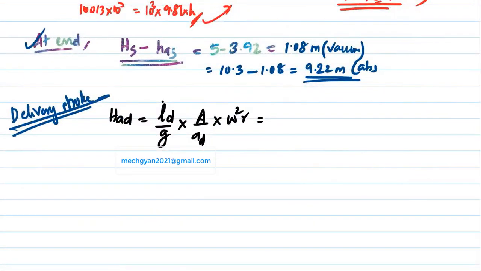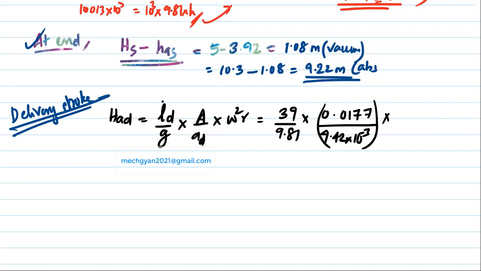So length 39 by g 9.81, substituted. Area we already found, capital A 0.0177 by area 4.42 into 10 power minus 3, into omega, whose value we found as pi square into r, that is 0.30/2 which is 0.15. So we will get the value as 23.52 meters of water.